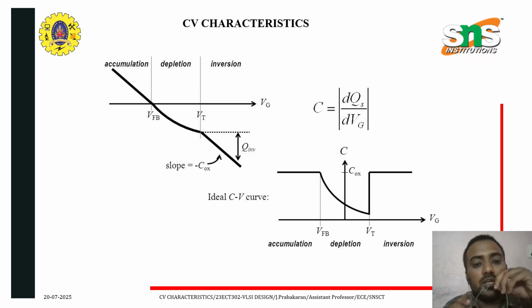Next, you can see the graph. In accumulation, the condition is gate voltage Vg less than VFB.